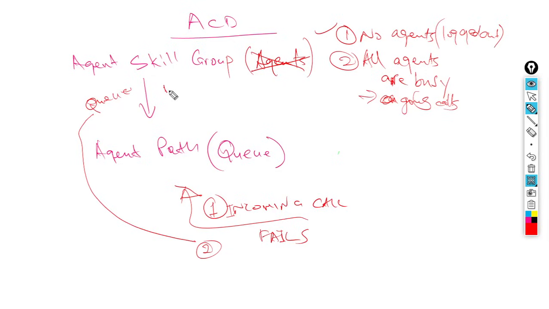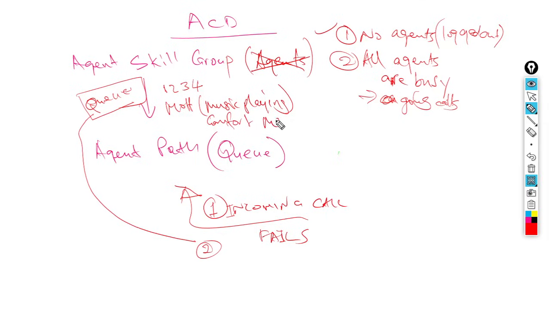The first call will queue on number 1, the second call will come and queue on number 2, third call will come and queue as call number 3, 4 is call number 4, and so on. And then if there is a music on hold configured, the calls in the queue will start to hear the music playing. It could be music, it could be a comfort message to start to play while they are in queue.